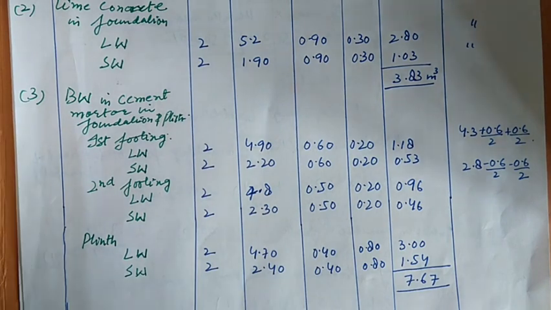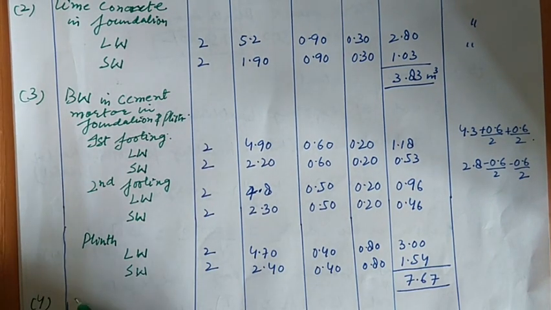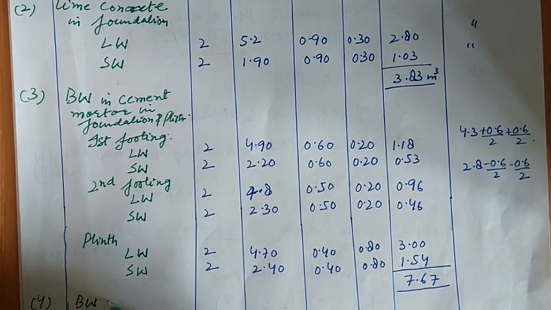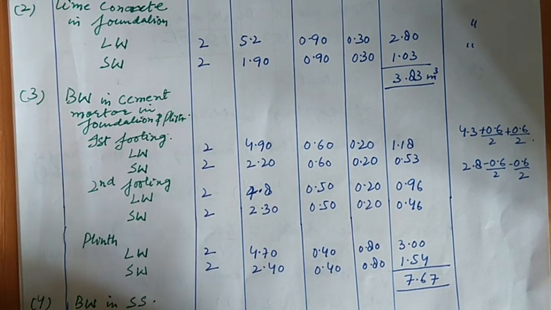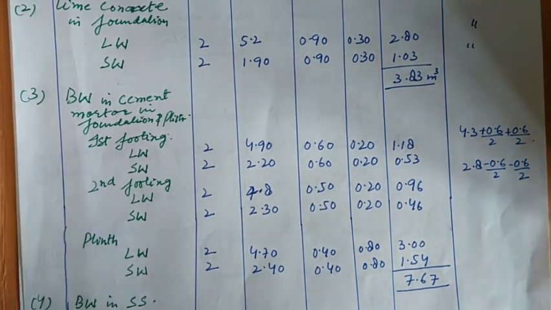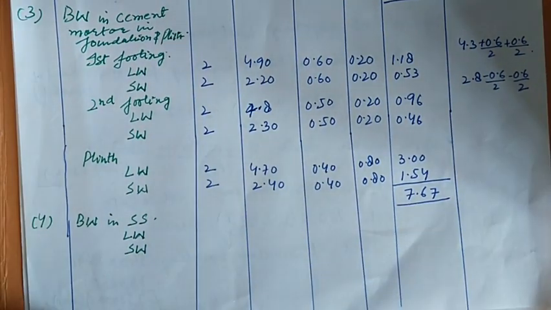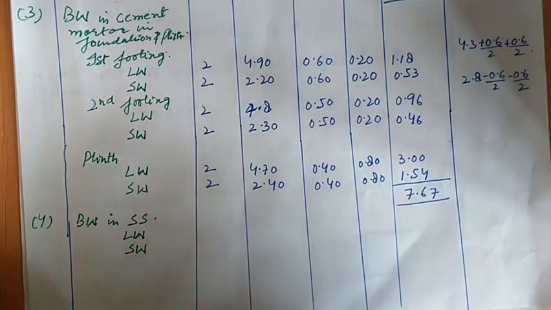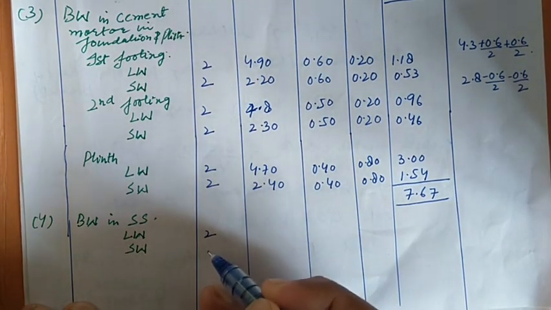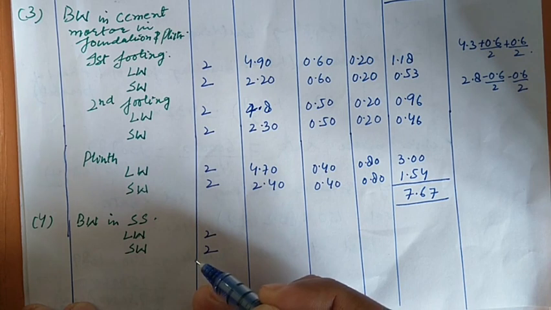So let us move to the fourth part, that is now we have to do brickwork in superstructure. Now for this again we will have the long wall and we will have the short wall. Now we have two long walls and we have two short walls.